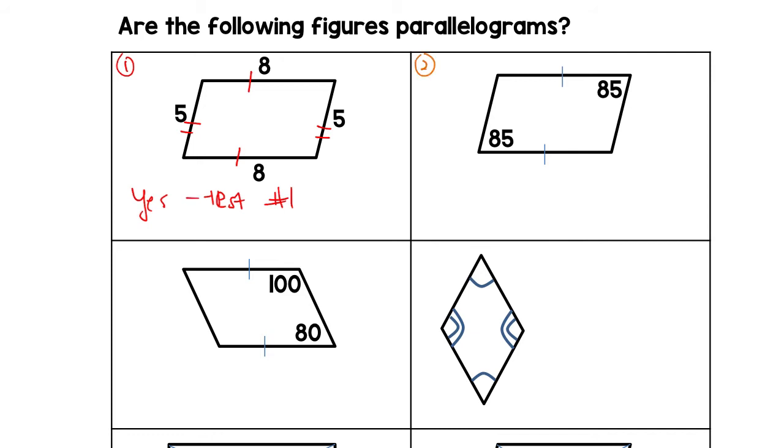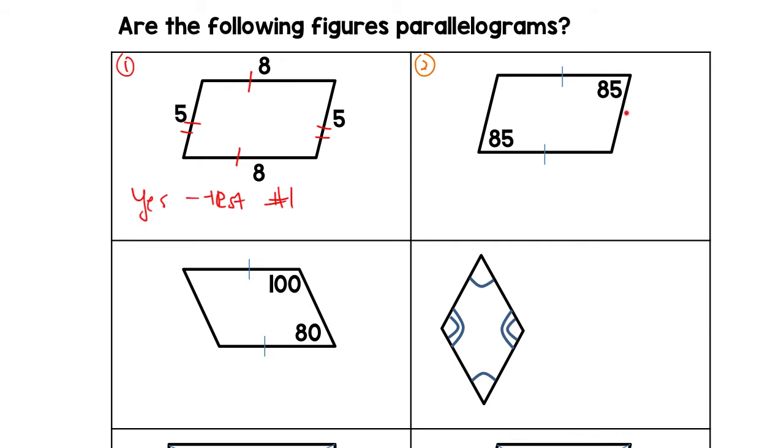Number two, we're given that opposite angles are congruent, 85 and 85. And we're given that one pair of opposite sides are congruent. Well, let's look at what we need to know. We need to know that both pairs of opposite sides are congruent. We don't know about this side or this side.